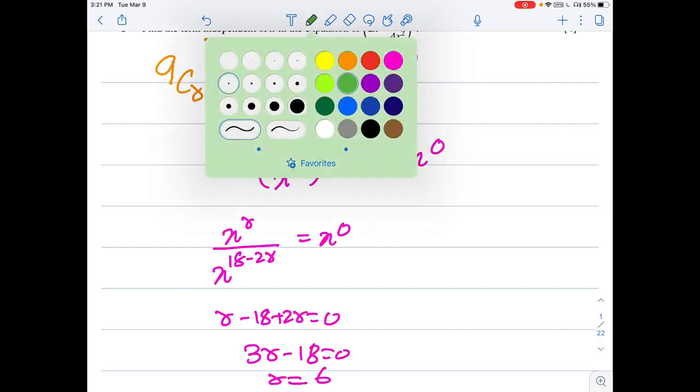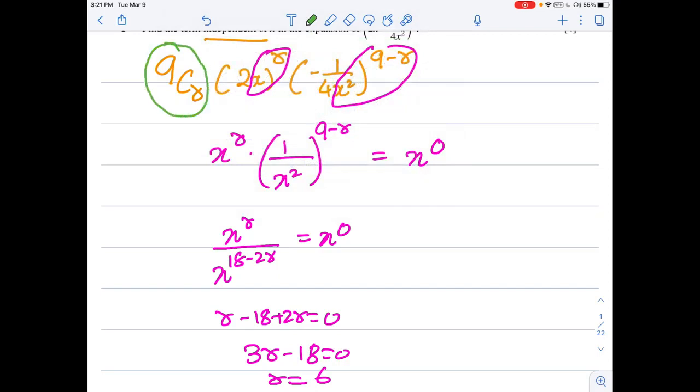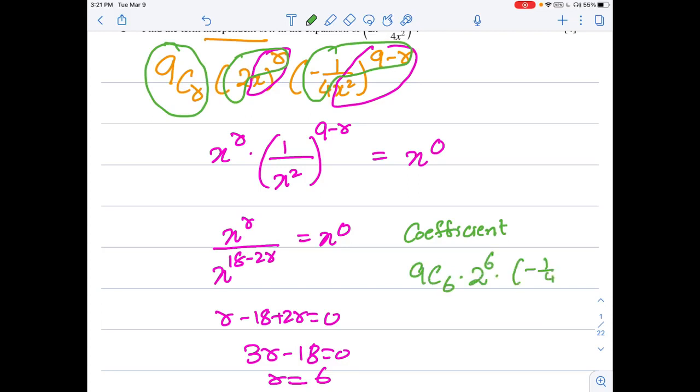Once I get r equal to 6, I take the coefficients now. So it is 9CR 2 power r times (minus 1 by 4) to the power 9 minus r. So the coefficient will be 9C6, r is 6, 2 power 6 times (minus 1 upon 4) to the power 9 minus 6.